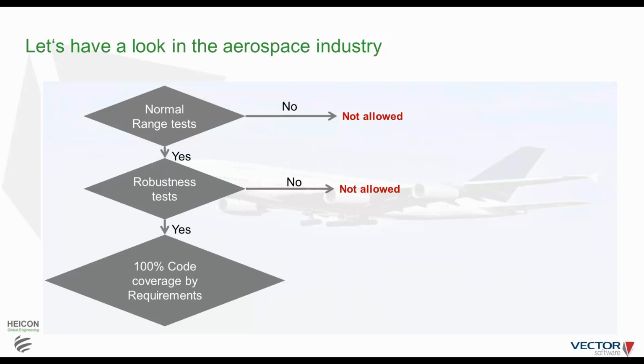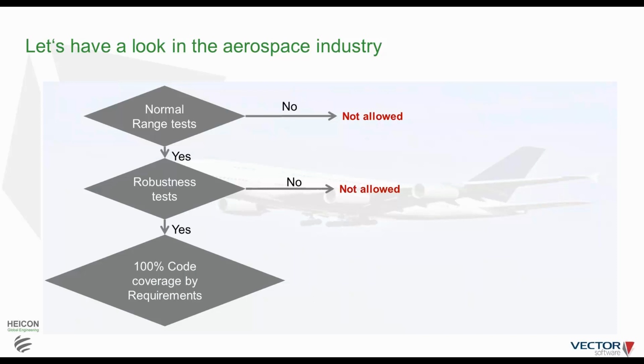Up to a certain value, the system is working properly. Above a certain speed, for example, the system is switching off. Maybe this is a requirement, so you verify that below 50 kilometers an hour the system is doing what it's supposed to do. Above 50 kilometers an hour, it's switching off, let's assume that.